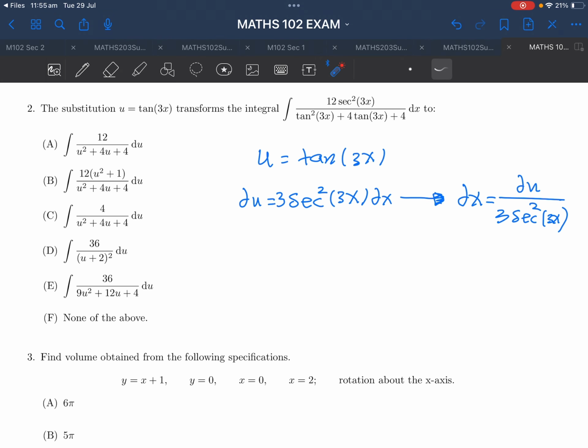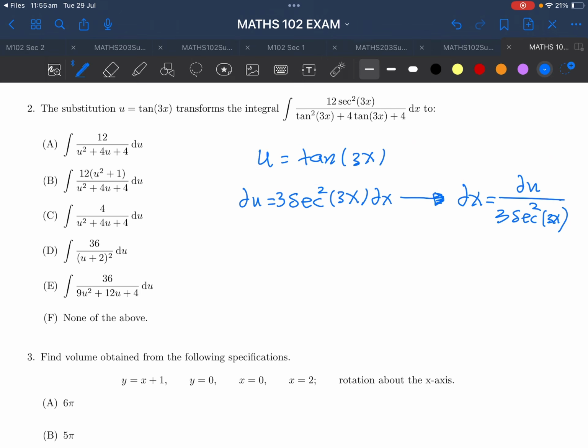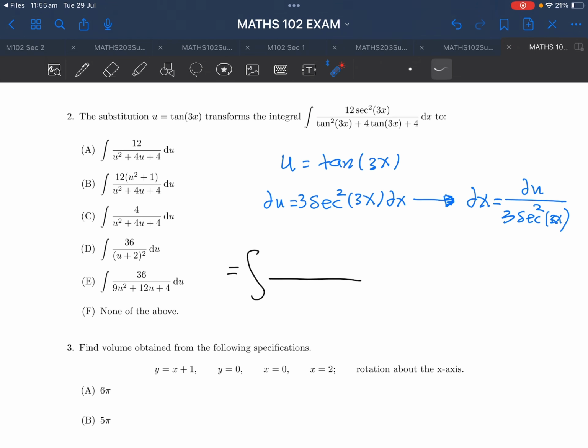Now, take this information, substitute them here. So if I just do it directly, what I'll get is tan 3x, it will be just u squared down there, plus 4u plus 4. Now we have 12 secant squared 3x.